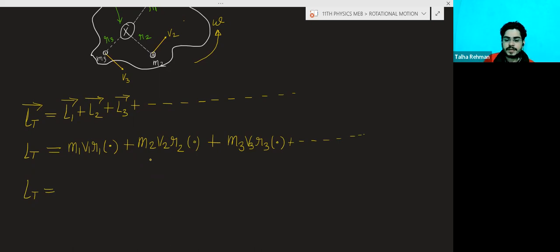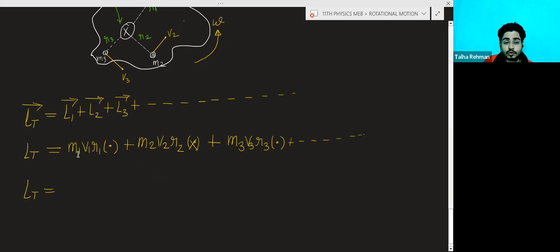Suppose one of the directions is cross, meaning inward, and another is dot, meaning outward, as you may find in a question. In that case, for the total angular momentum you will write m1 v1 r1 minus m2 v2 r2.